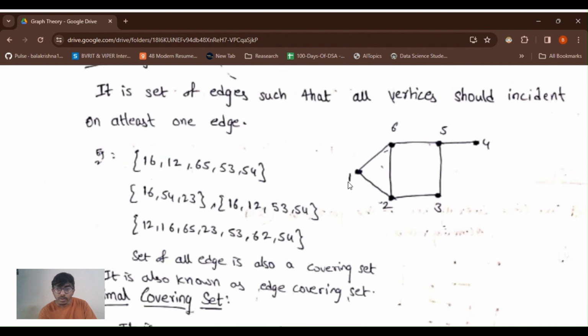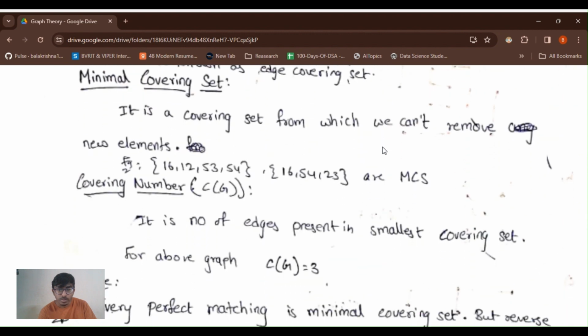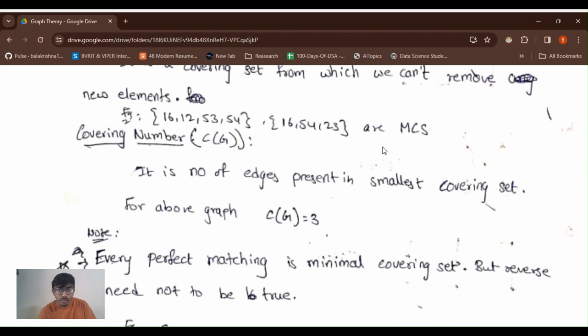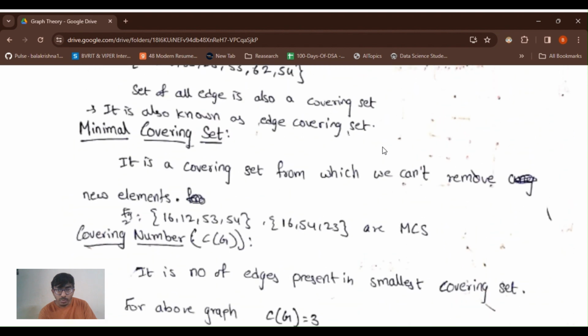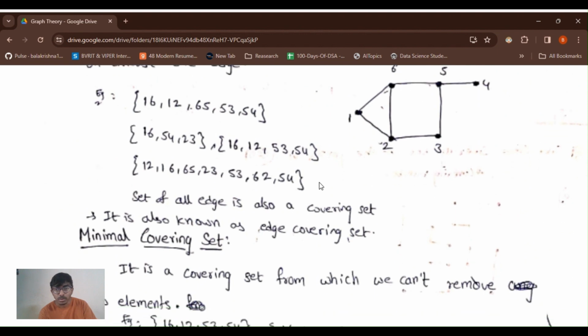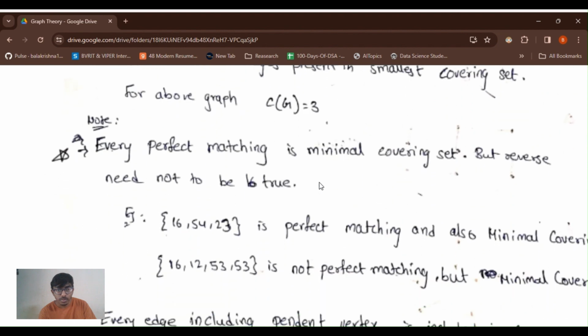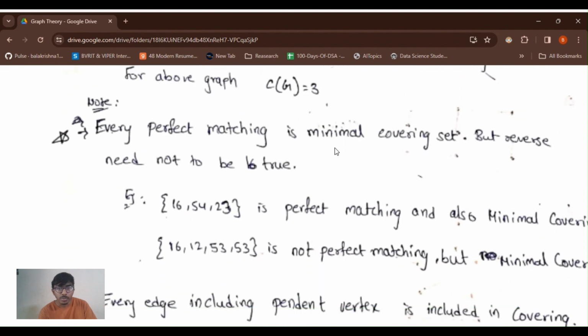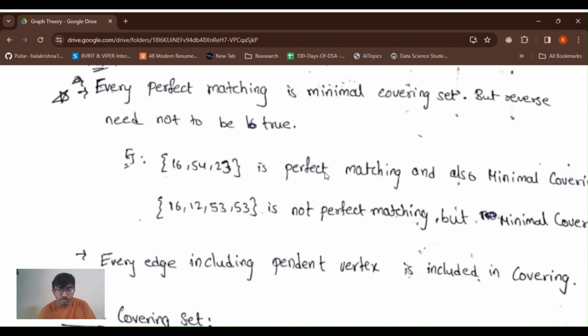So 1 6, 1 2, 5 3, 5 4. Also 1 6, 5 4, 2 3. Every perfect matching is a minimal covering set, but the reverse need not be true.